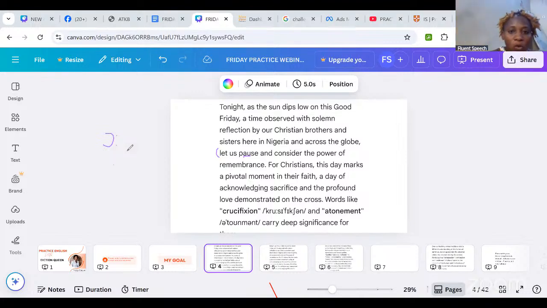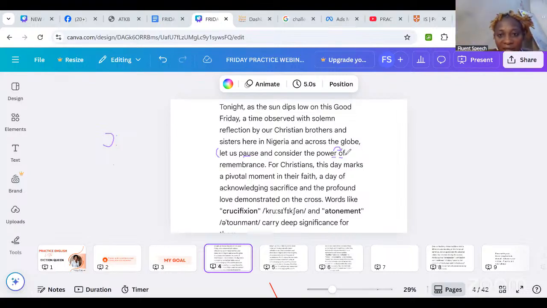Let us pause and consider, not "consider". The letter O after letter C makes the "suh" sound. Consider, it's not "consider". Let us consider the power of. And the word "power", it ends with letter R. The next word starts with a vowel, so you link both. Power of.